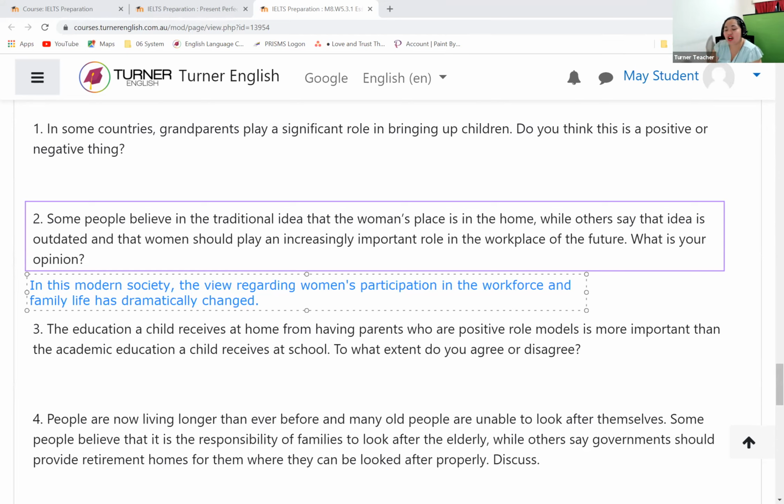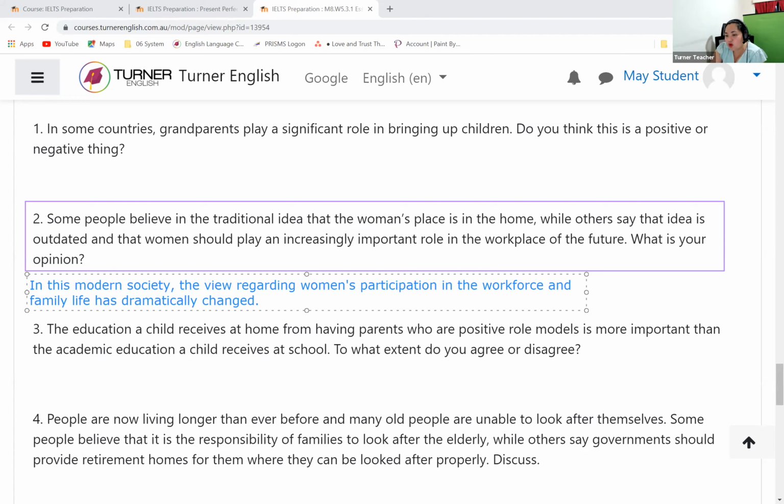Okay, so maybe we can try to make this a little bit shorter. So in this modern society, the role of women has changed since they have taken more responsibility to work instead of staying at home.